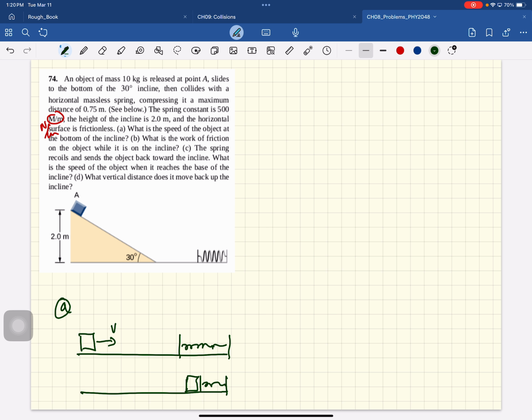This is the initial energy, this is the final energy. Mechanical energy was conserved. Initially you have kinetic energy, and now what do you have? Spring potential energy. When friction is absent, when non-conservative forces are absent, mechanical energy is conserved.